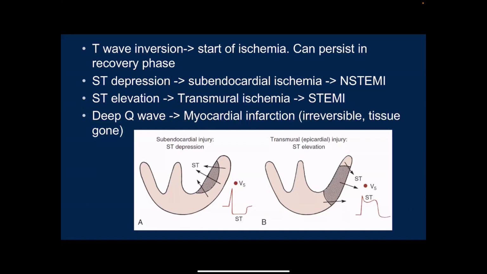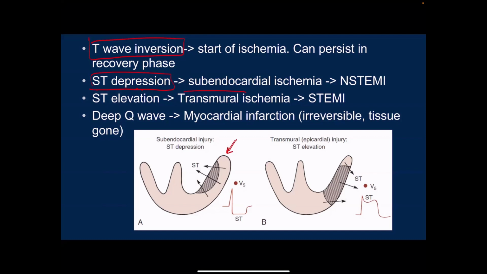Now, what do you see on ECGs? On ECGs, the first phase of myocardial injury, the beginning of ischemia, you start to see a T-wave inversion. Next, you start to see an ST depression, and we go into detail onto how to notice these things. ST depression means you have subendocardial ischemia, which is what we said here.